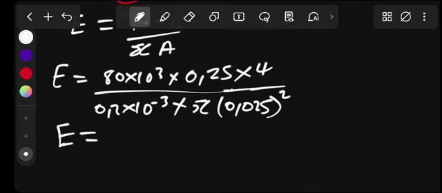Times 0.25, so 0.2 times 10 to the power of minus 3 times pi times 0.025 squared.